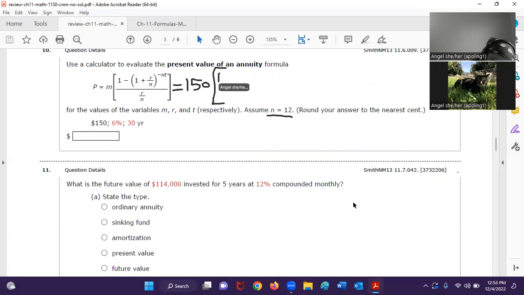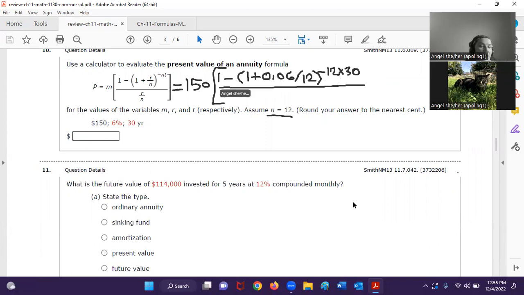So we have in the numerator 1 minus quantity 1 plus the rate 0.06 divided by N, which is 12, raised to the negative 12 times 30, and then divided by our denominator, which is R over N, 0.06 divided by 12.